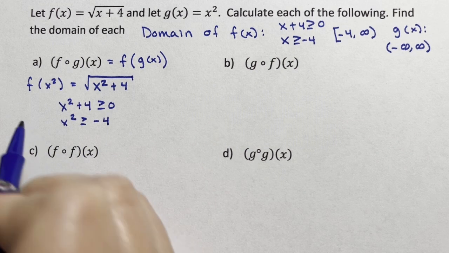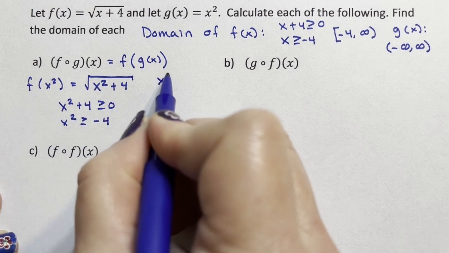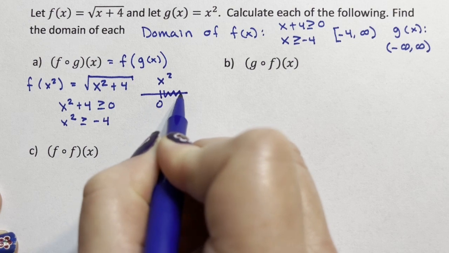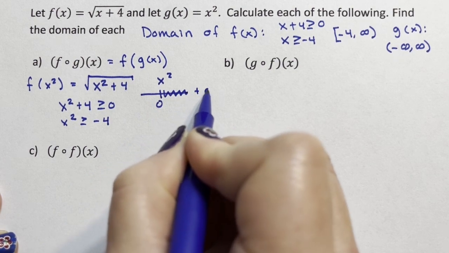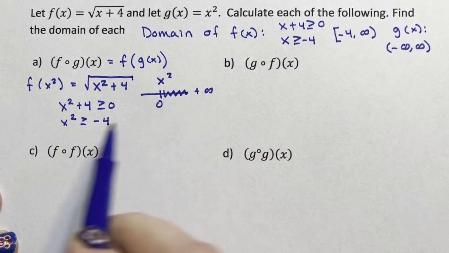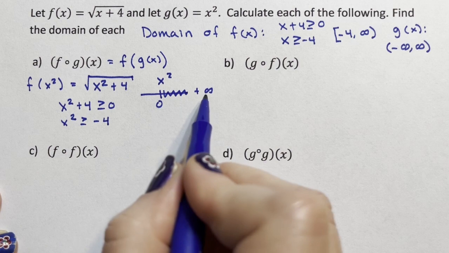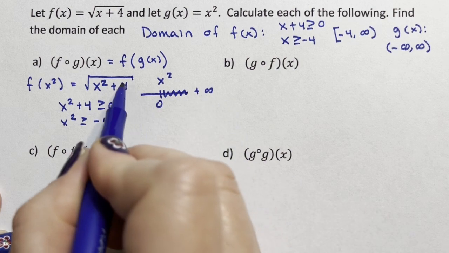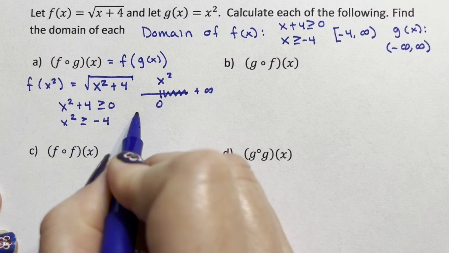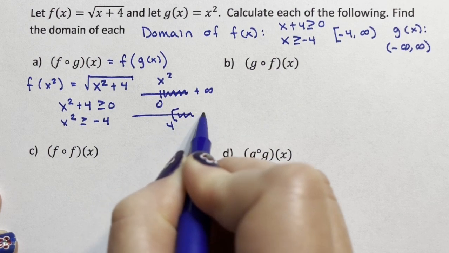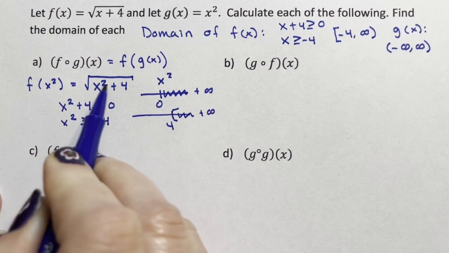Well, x squared is 0 to positive infinity, and we're saying that this has to be greater than negative 4. It's always positive. If you take something that's 0 or greater and you add 4 to it, that means this, on a number line, is 4 to positive infinity.